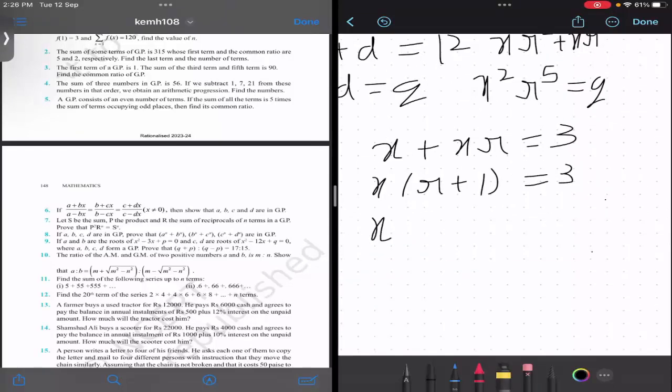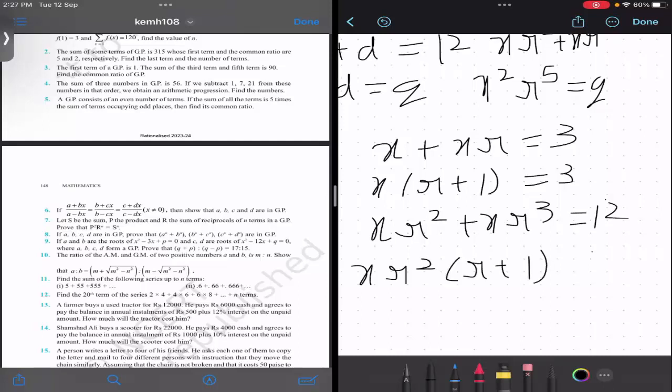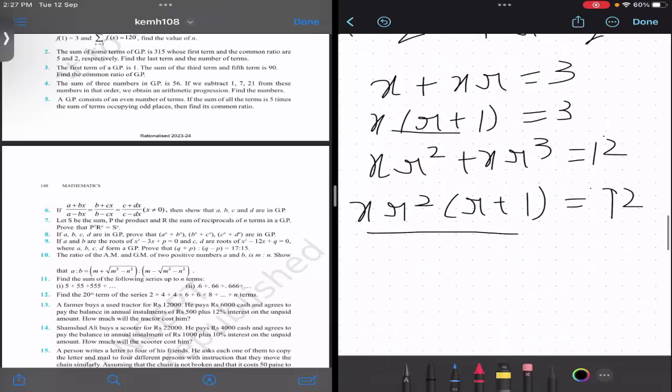Similarly, here you have xr² + xr³ equals 12. Taking xr² common, you have xr²(1 + r) equal to 12.